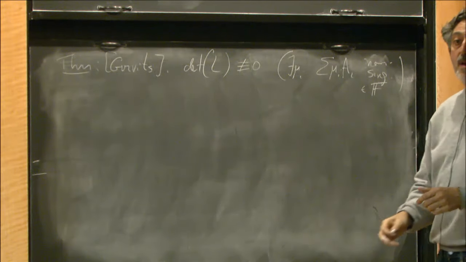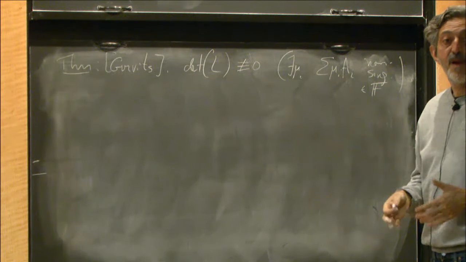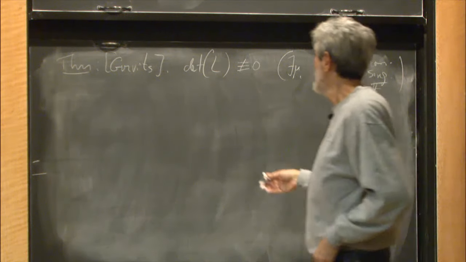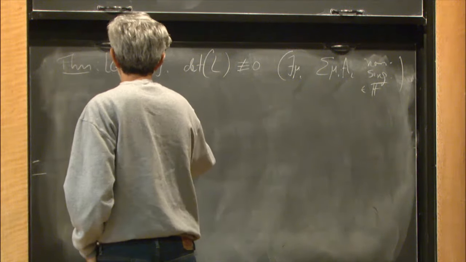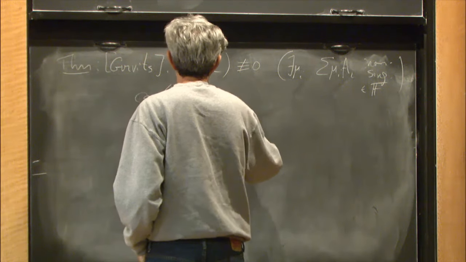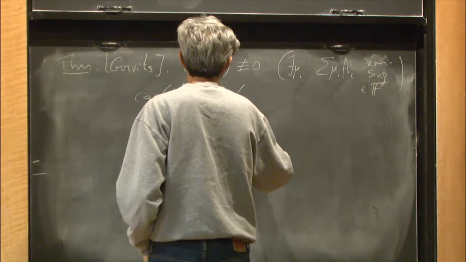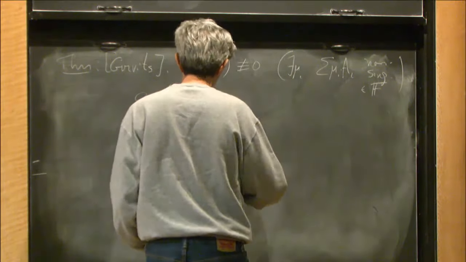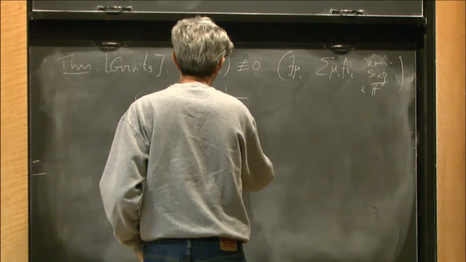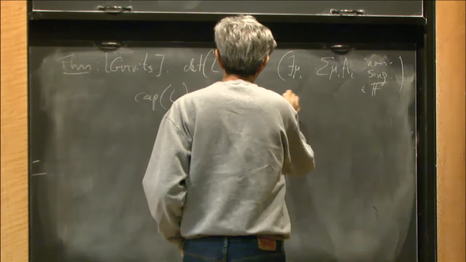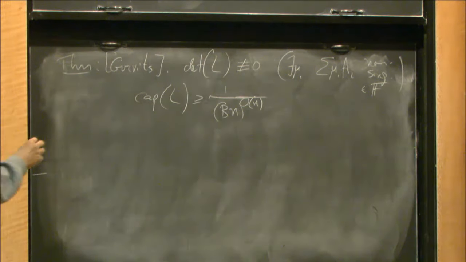So if there is some matrix spanned by our original matrices which is non-singular, then the capacity of L is at least exponentially small, 1 over B^n of n. I didn't define capacity yet, so I'll define it and then I'll tell you what we do.